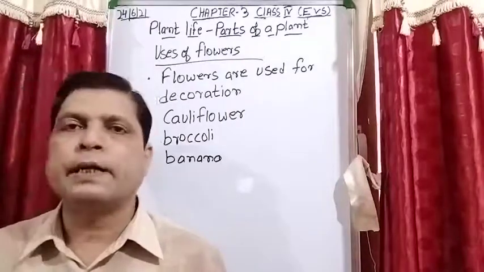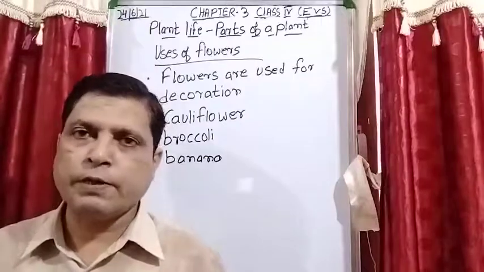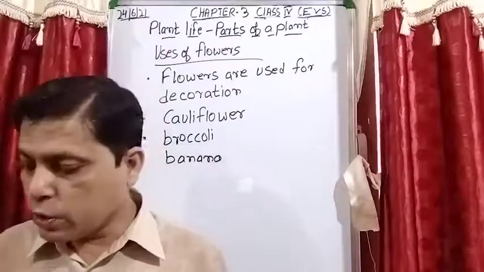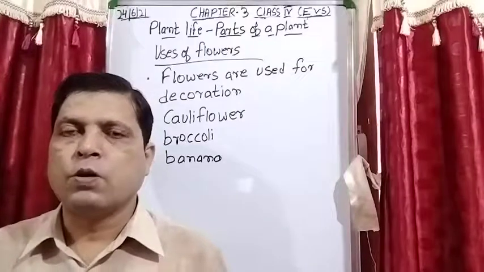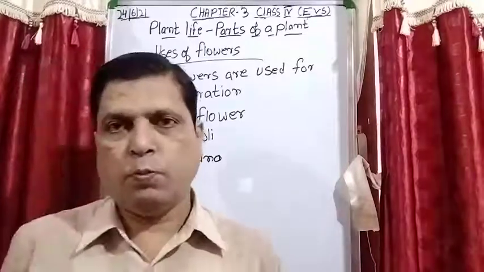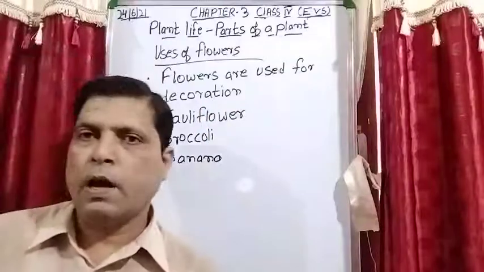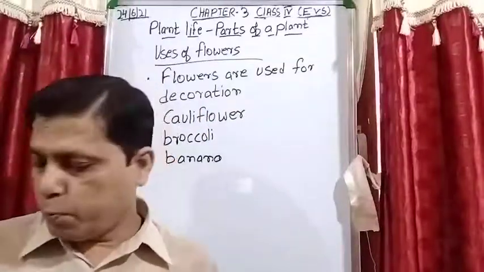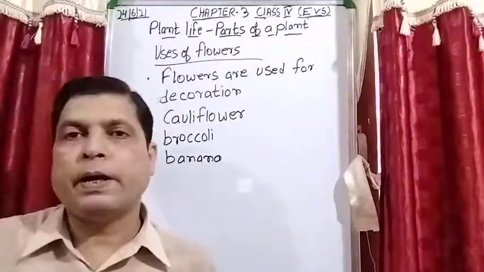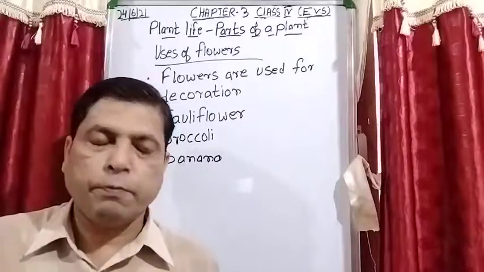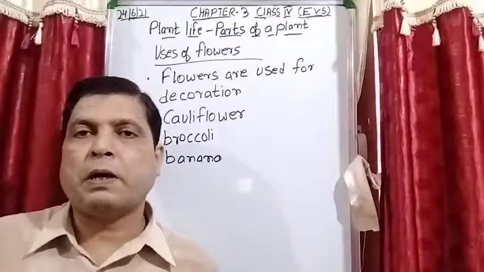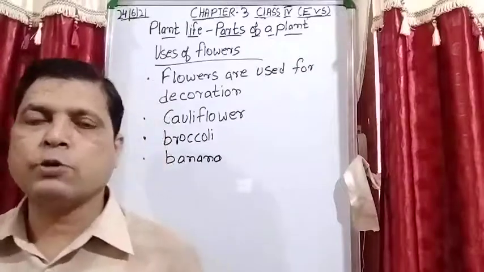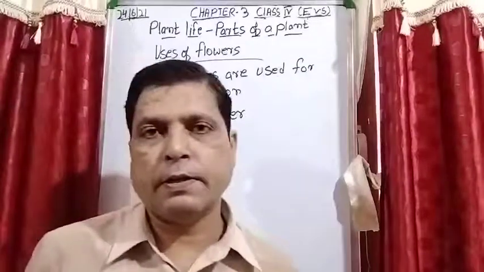Okay, second, flowers of a certain plant we use as a food. Is it clear? So cauliflower, जो फूल गोभी आती है बेटा, आप लोग खाते होगे, फिर ब्रोकोली है and banana. So these are the flowers of the plants which we eat. Few spices like clove and saffron, that also we get from the flowers.